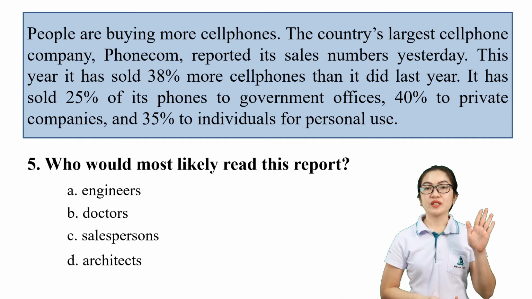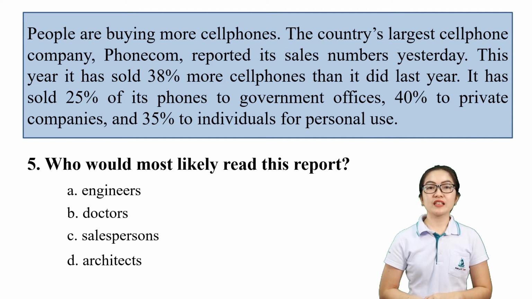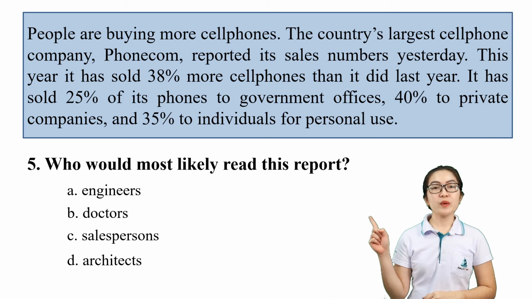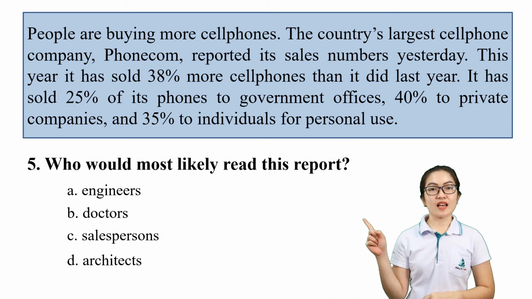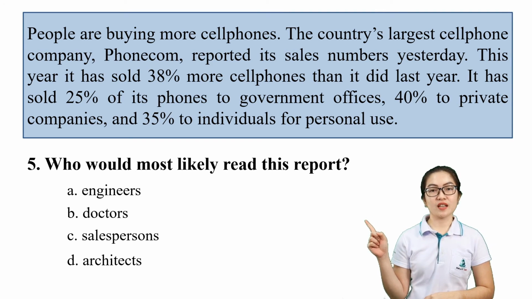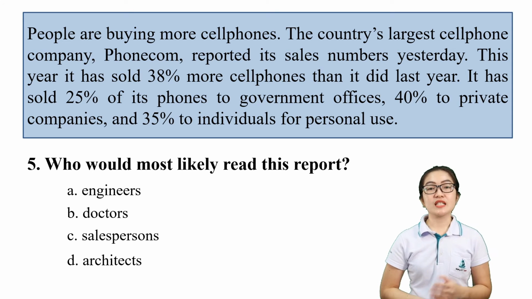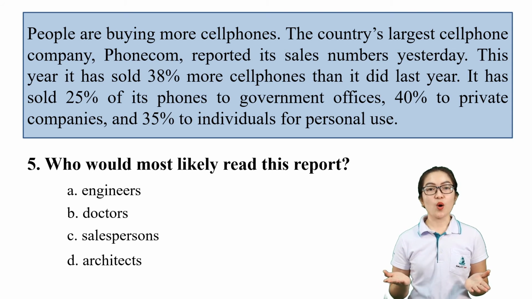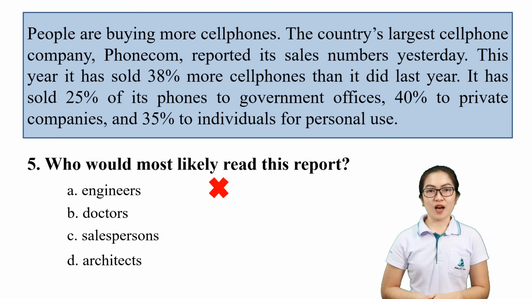Number 5. Who would most likely read this report? In here, we must make an educated guess as to who are the recipients of the report because this is an inference question. There is no mention of designing, maintaining, or building engines and machines, so letter A is out.